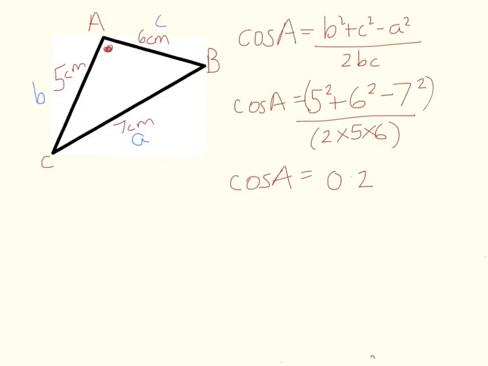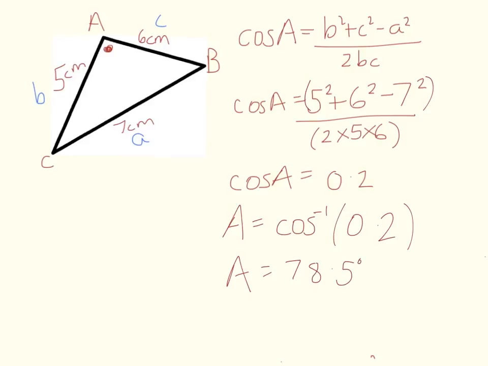Okay, so we want to find out the angle A. So A equals the inverse of cos, cos inverse of 0.2, which comes to 78.5 degrees to 1 decimal place.